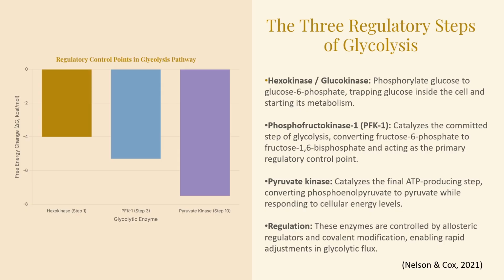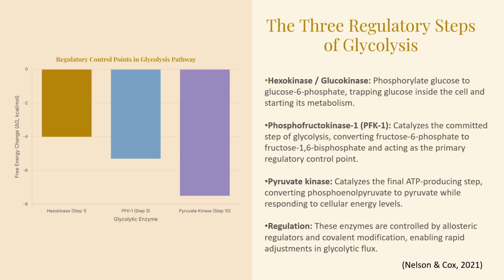All 3 of these enzymes are regulated through mechanisms such as allosteric regulation and covalent modification, including phosphorylation and dephosphorylation. These regulatory processes allow cells to rapidly increase or decrease glycolytic activity depending on metabolic conditions, such as energy demand, nutrient availability, and hormonal signals.